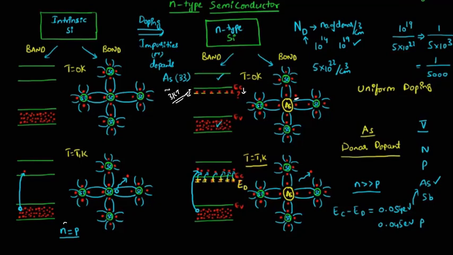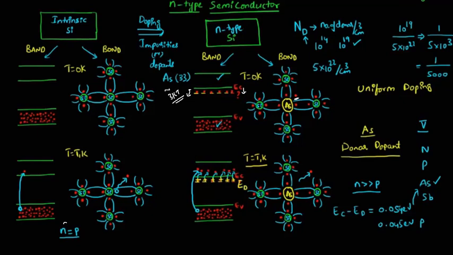We have free electrons at this level just below the conduction band, so this electron will freely move into the conduction band because the energy required is very less as compared to the valence electron. Yes or no?